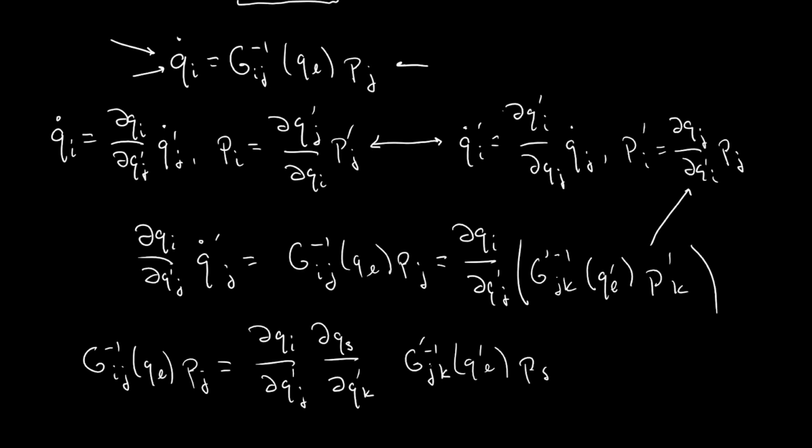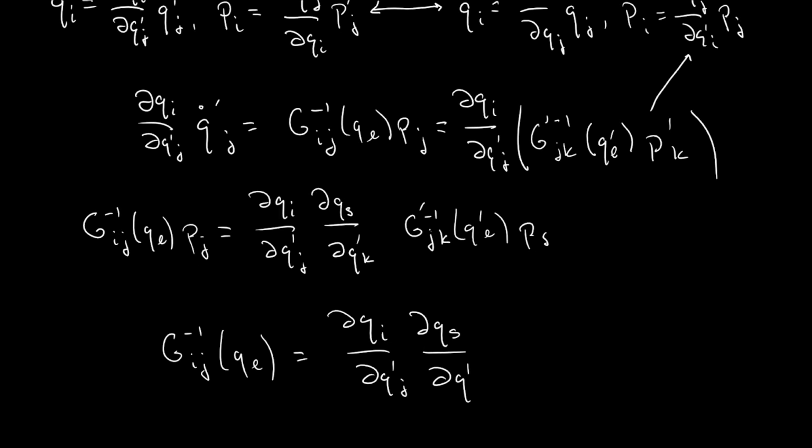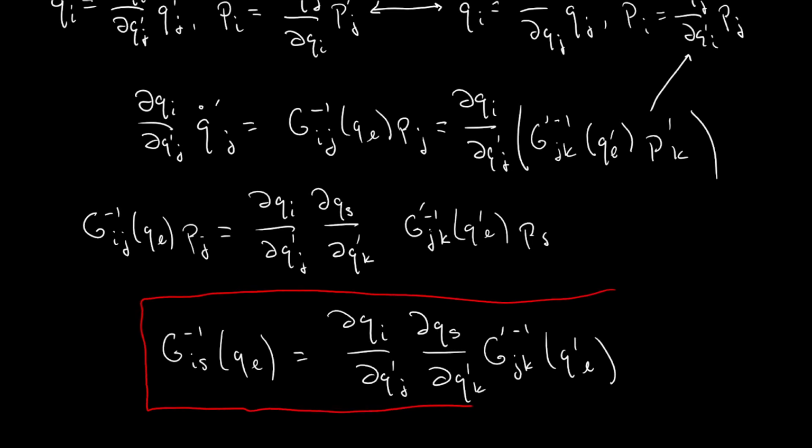And you can see that this is satisfied if G inverse Ij ql is equal to dqi dq prime j dq S, sure, dq prime k, this should be G jk prime inverse q prime l. And so we found how G inverse transforms.